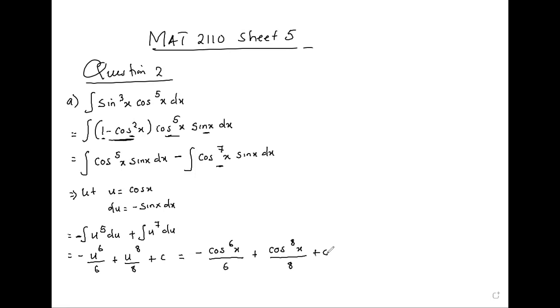This one is a bit easy. So remember that what we have done here is to write sine squared and then sine x and then cos 5x dx. And then we know that sine squared is 1 minus cos squared. That's why we had to come to this one.